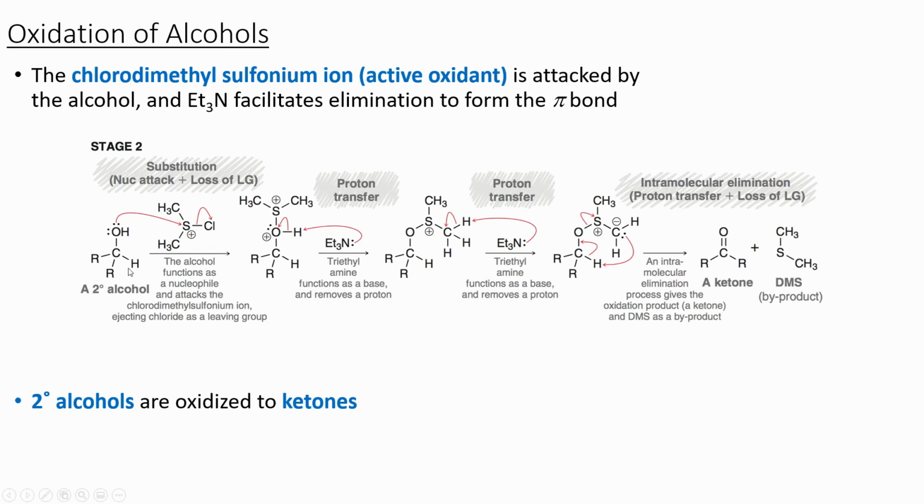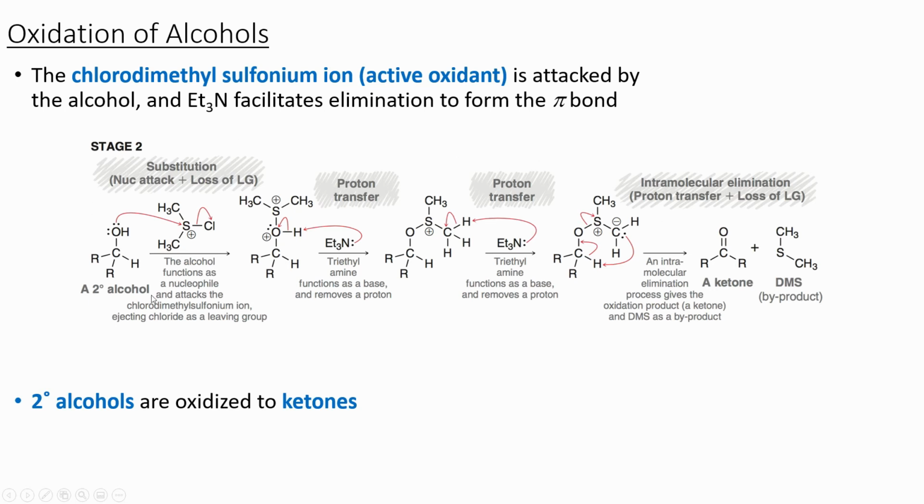Our secondary alcohol can then react with the active oxidant, forming this intermediate, which will then undergo proton transfer, a second proton transfer, and an intramolecular elimination proton transfer and loss of a leaving group process to give a ketone and dimethyl sulfide as a byproduct.